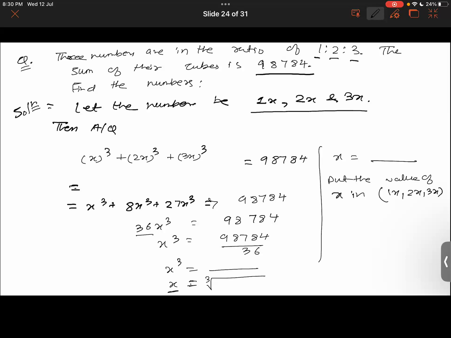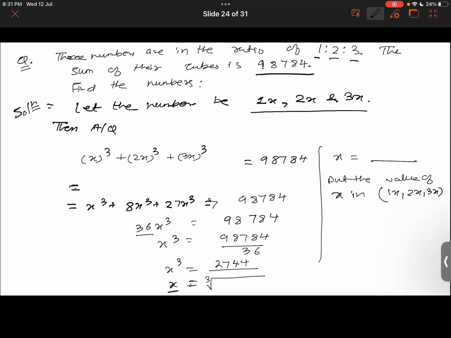But look, Arhan, you have done some mistake here. You have to find the value of x. You have found the value of x cube here. Okay, x cube you have got 2744.